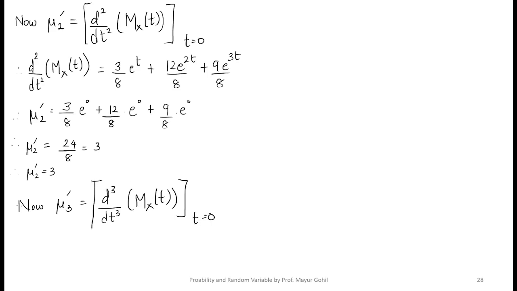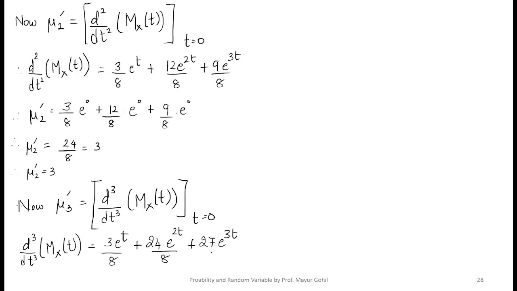So we do the derivative once more on the second derivative that we have calculated. So we get here the third derivative of MX(t) is 3 e raised to t over 8 plus 24 e raised to 2t divided by 8 plus 27 e raised to 3t divided by 8.